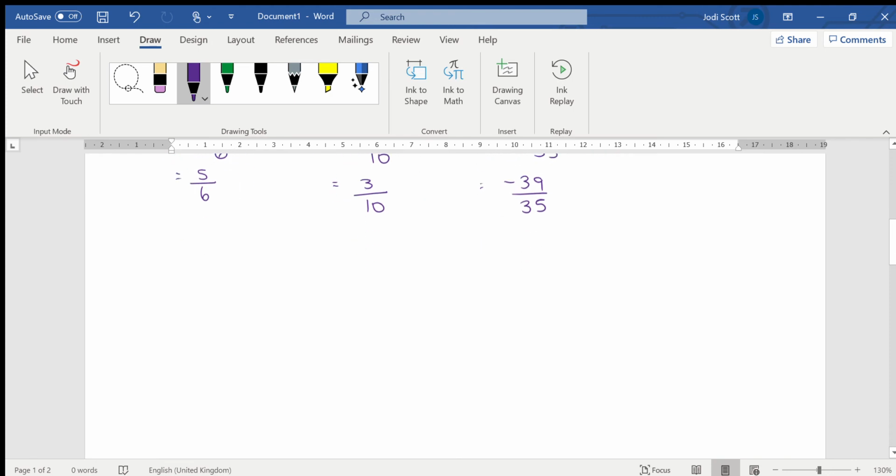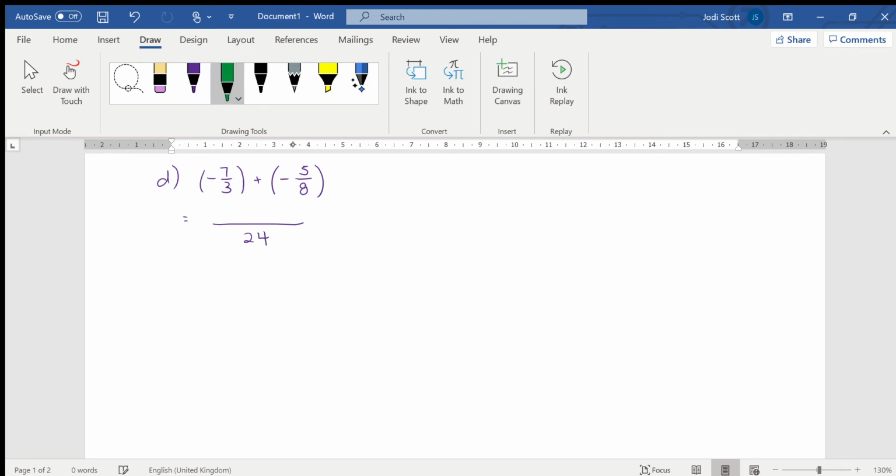Okay. So moving on, we're going to try part D. So we've got negative 7 over 3 plus negative 5 over 8. So again, draw a line for your denominator. We've got 3 and 8, so the smallest common denominator would be 24. So to get to 24, we did 3 times 8.